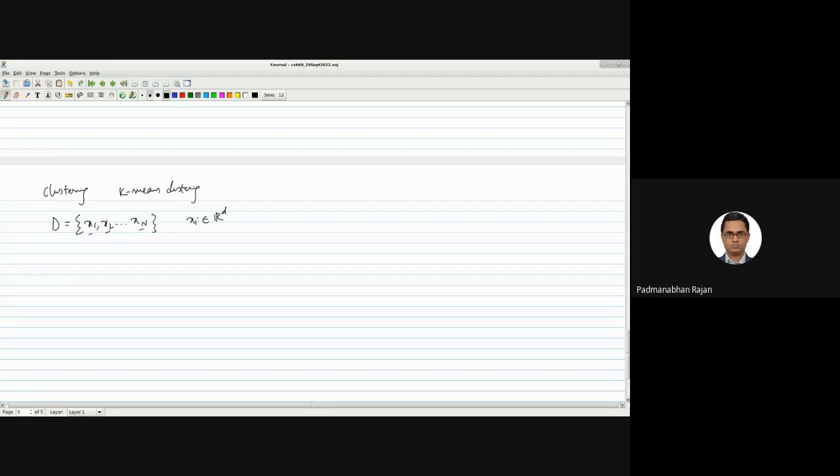Now we want to separate this data into clusters. What do I mean by a cluster? A group of points which are near to each other, making some kind of group.